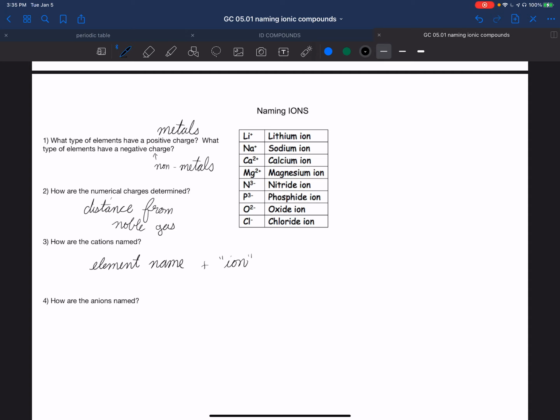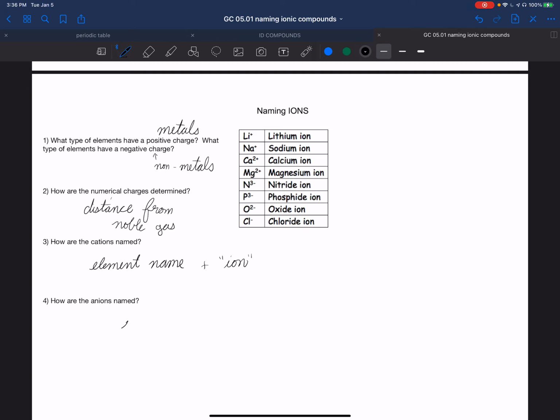Okay, well, that's simple enough. How are the anions named? Well, when you look at this list, all of these end in IDE. So we say that that is the root of the element, and then IDE. And then, of course, this is an ion, so you need to include the word ion.